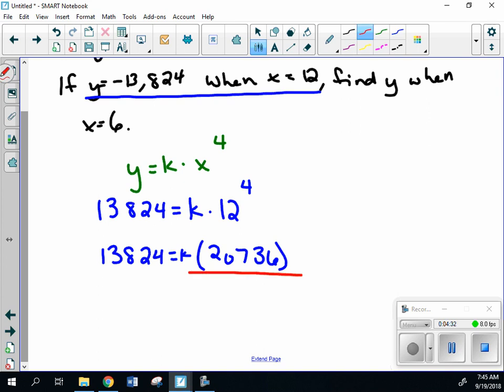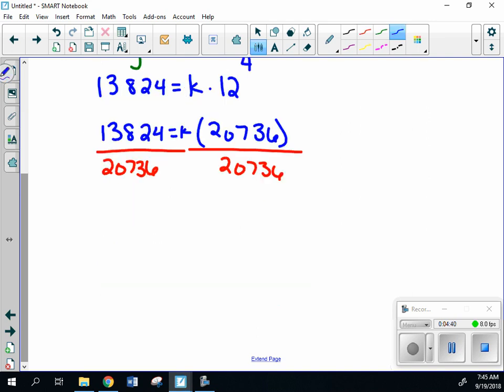Based on algebra, we're going to divide by that in order to get the k value. So our k value here is going to be 2/3. So k is a fraction, yes, but it doesn't change much for what we're trying to do.